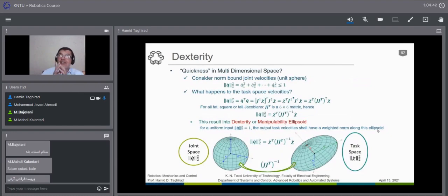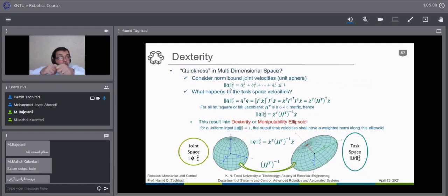Consider that we have 6 degrees of freedom at least in multidimensional space. So we use a square norm of the velocity in the joint space and in the task space to define this quickness. Consider that we have a norm-bound velocity for the joint.